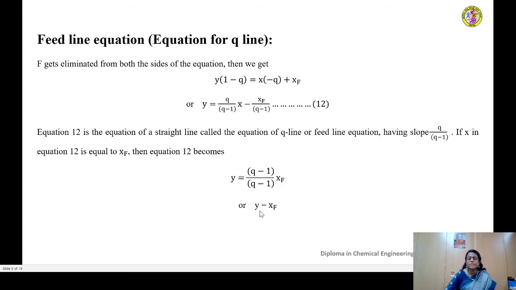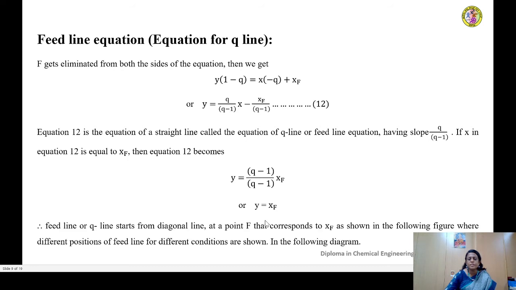As a result you will get Y is equal to XF. So this tells you that the Q line, just like your enriching line or stripping line, also starts from a point on the diagonal line which corresponds to Y equals X. So at a point, say F, that corresponds to XF on the x-axis, as shown in the following figure.